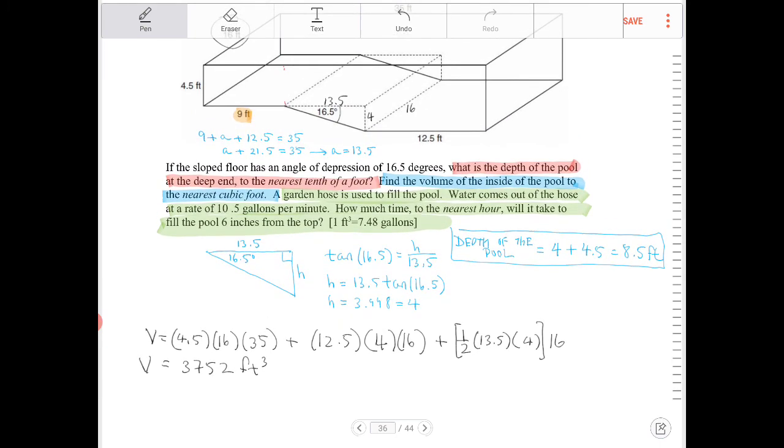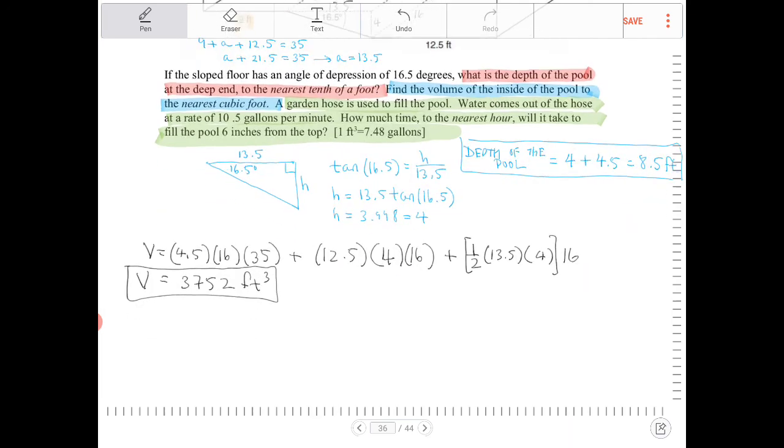Okay, all right, so this is the second part that I just answered. Let's try to answer the next part now, the one highlighted in green. So we want to fill this pool up so that there is water 6 inches from the top, right?